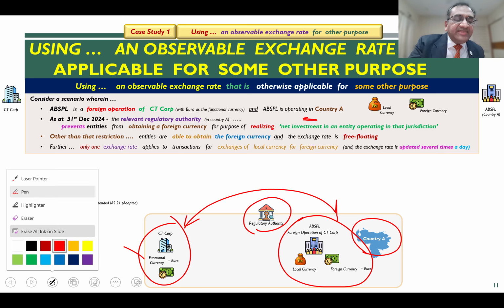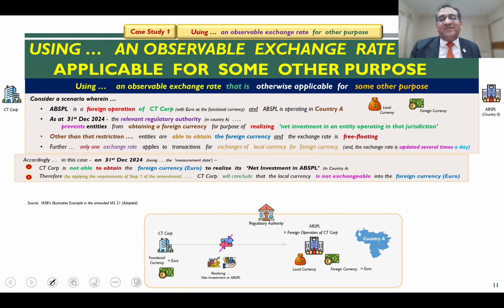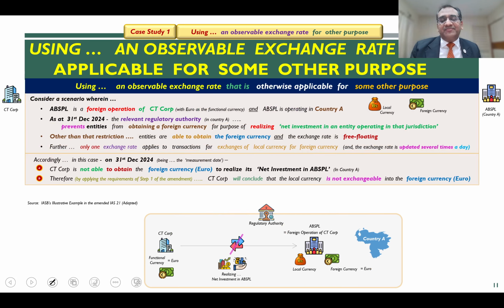So clearly, in this case, you can relate to what we have already discussed in the earlier videos as well. That as on the measurement date of 31st of December, for this purpose, the entity cannot obtain the foreign currency euro because for this purpose, it is not allowed.